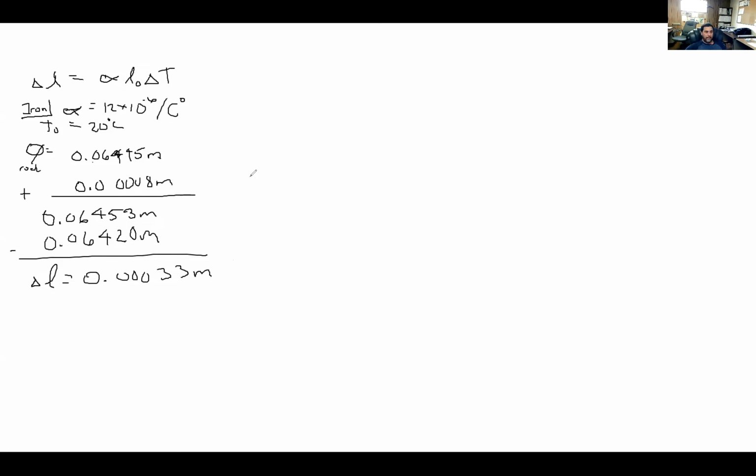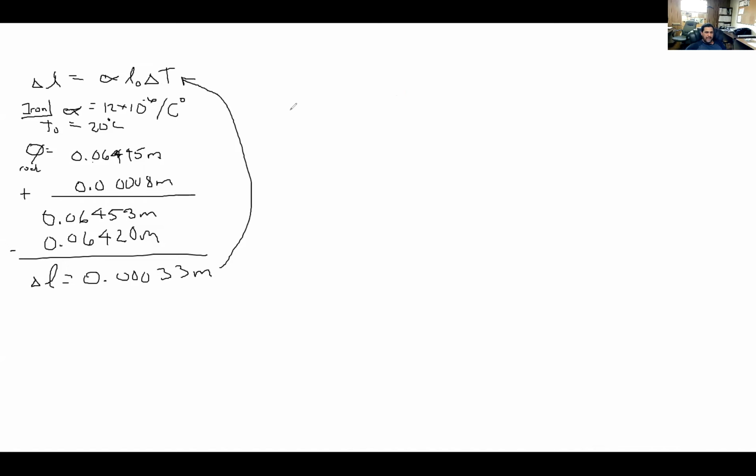So at that point, I have what I need to just plug back into this, right? The 12 times 10 to the minus 6 per degree Celsius, that's just a table lookup. The change in length that I want, right? Well, okay, let's start here.